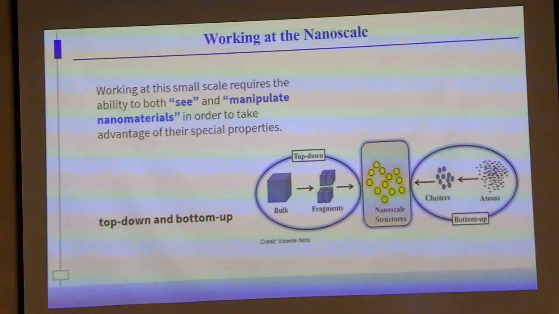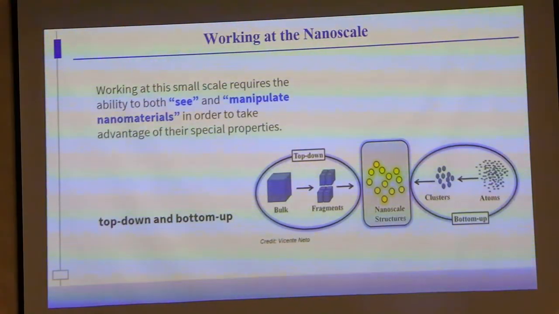The top-down approach is where you have material at large scale, and you simply break it down until you get to nanometer scale. A simple technology here, for example, is ball milling. Simply you put in the bulk material, crush it, and finally you will have a very fine powder where particles are at nanoscale. So these are two basic approaches to synthesize or manipulate the size of nanomaterials.